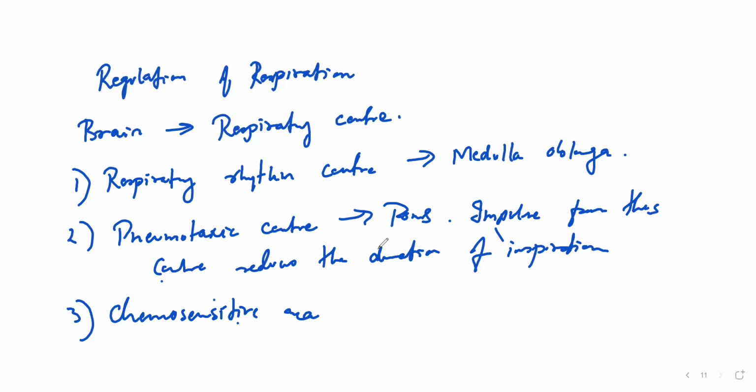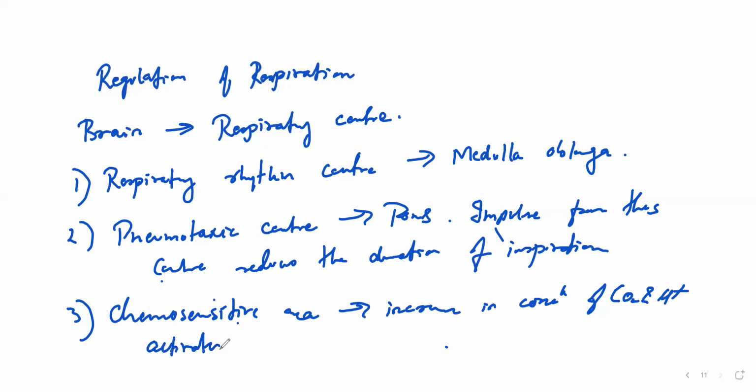Here there will be an increase in the concentration of CO2 and H plus. Because of that, this center gets activated, when the chemosensitive area is activated due to an increase in the concentration of carbon dioxide and H plus, which is obviously not good.